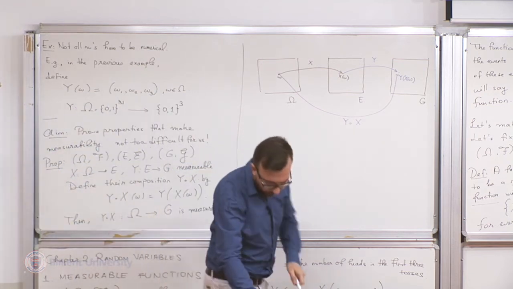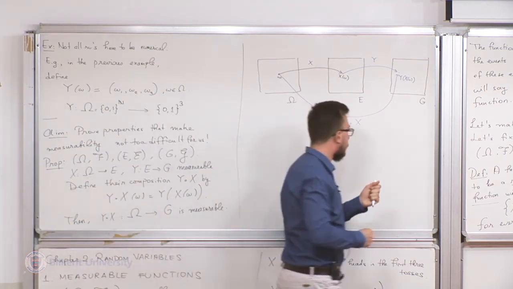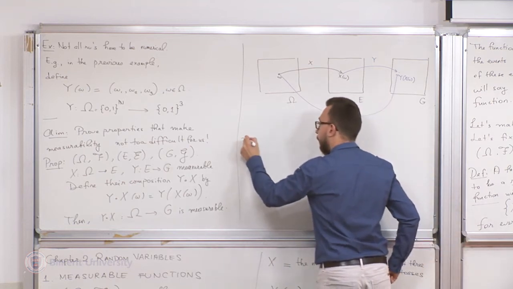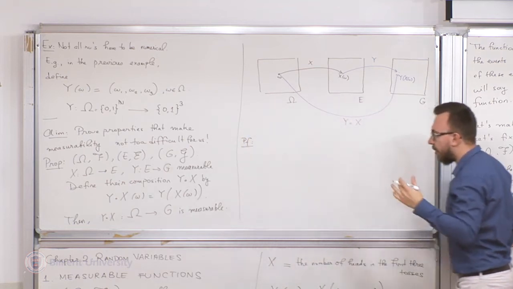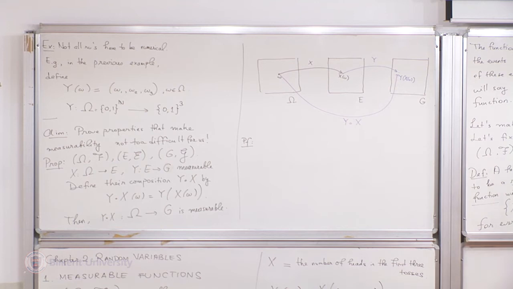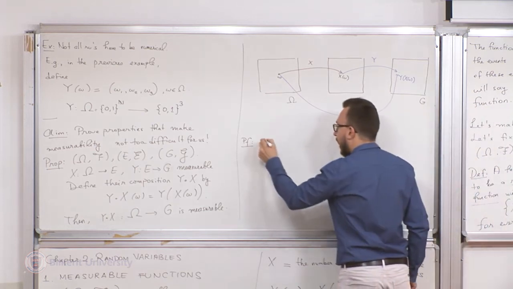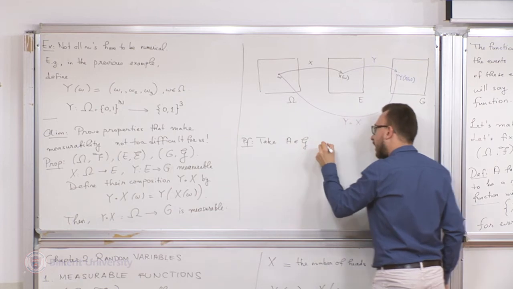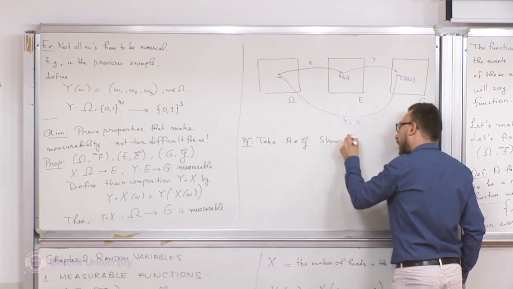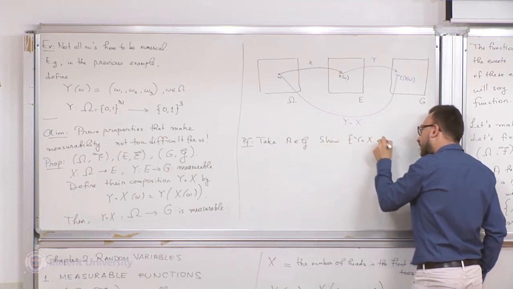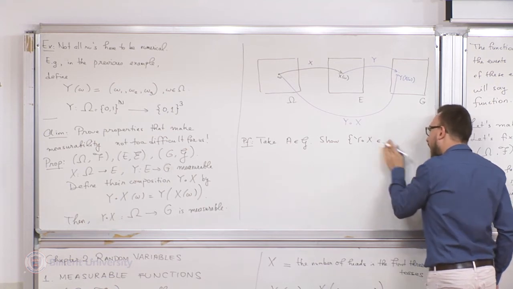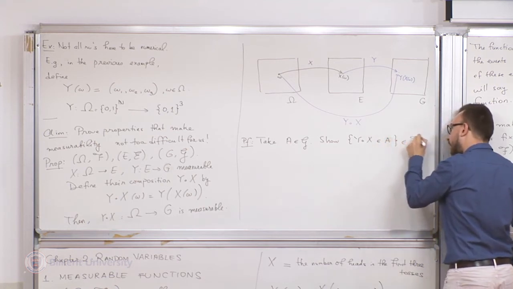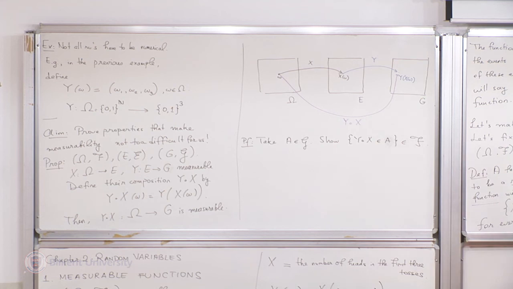So let's show it's measurable. Proof. So what are we going to show? Y of X is a function from omega to G. So we need to take a set A in the script G and show the event that Y of X takes values in A is in F. This is the task.